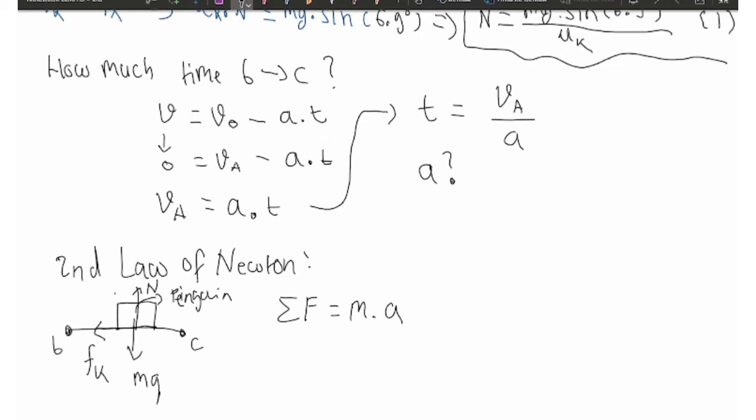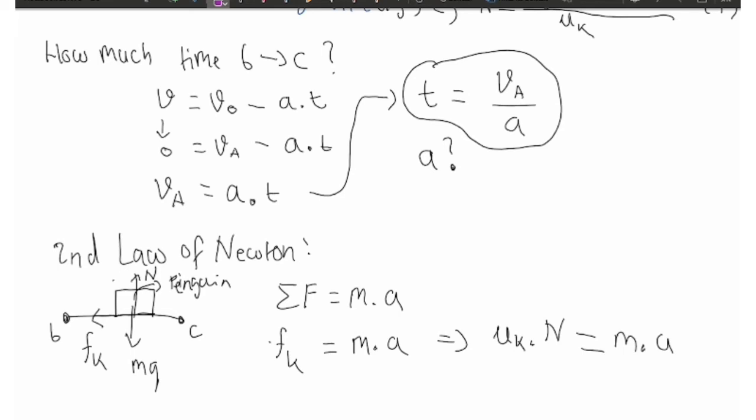So for sigma F, we can substitute Fk, and it equals m times a. We know that Fk is equal to mu k times the normal force, and it would be equal to m times a.